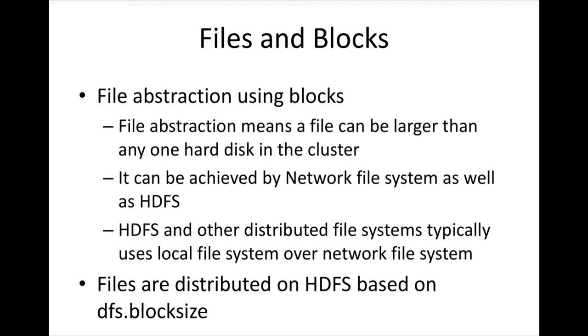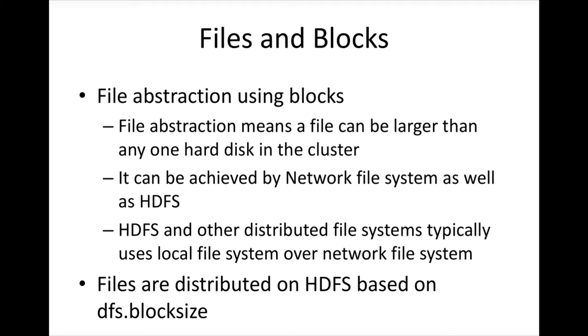HDFS and other distributed file systems typically use local file system over network file system. So if you configure HDFS or Cassandra or any other distributed technologies, the underlying file systems will typically use local file system. It helps us in achieving something called data locality, which I will explain later.